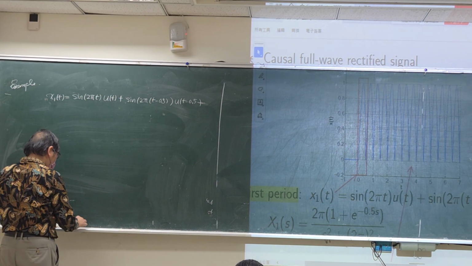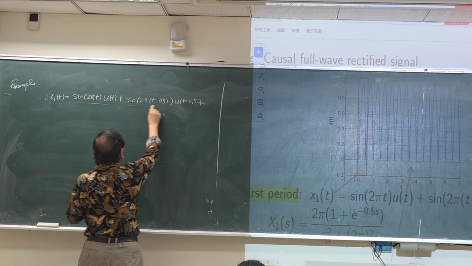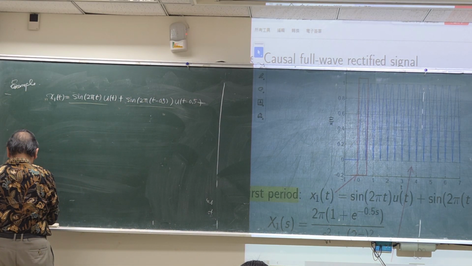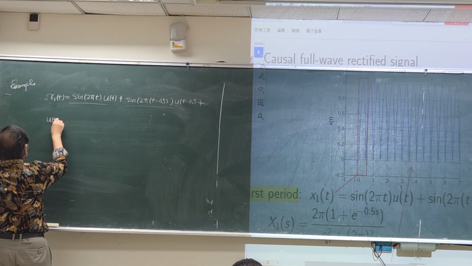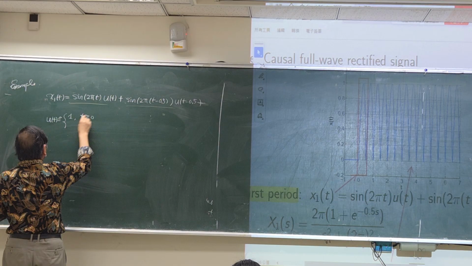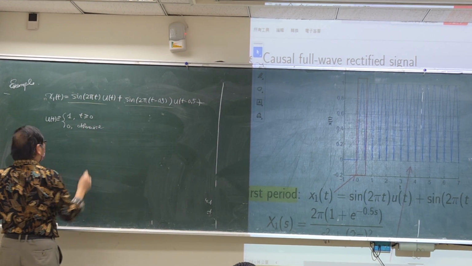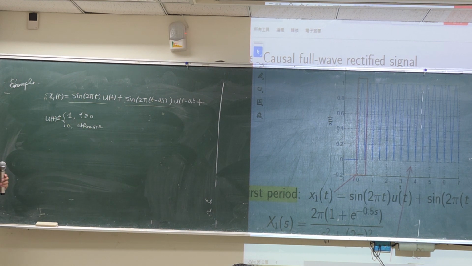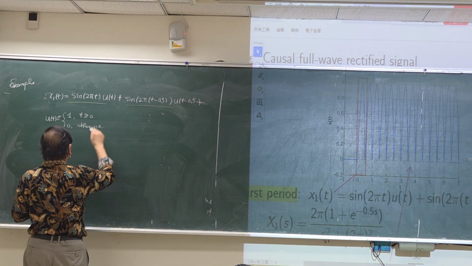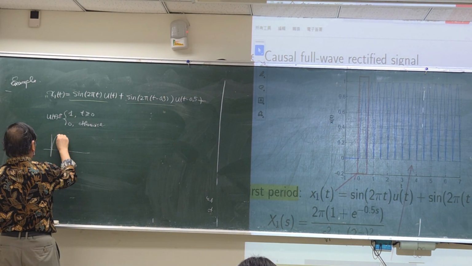So here we have a function which is a combination of two functions. This is u of t. There's no big deal here, but if you try to sketch it, it's going to come.